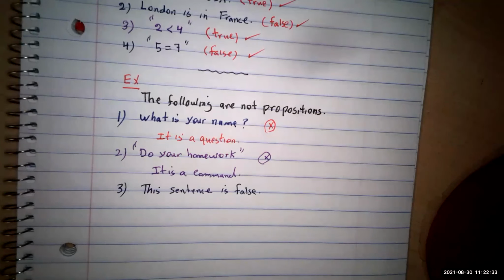Oh, well, if it's false, then the statement has to be true, but it can't be true because it says it's false. Yeah, it's good. It's neither true nor false, if you like. If it's going to be a proposition, it must be true or false, not both of them.